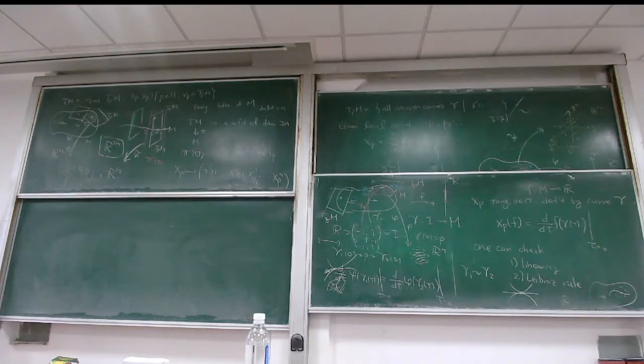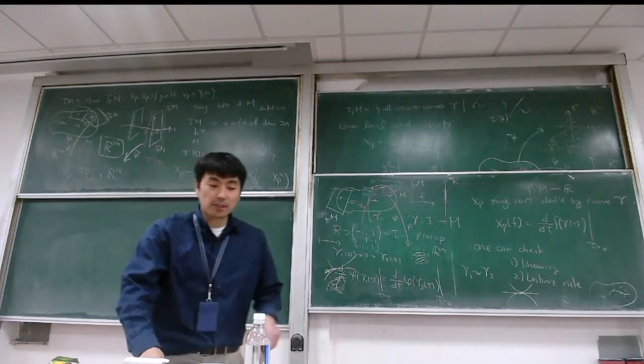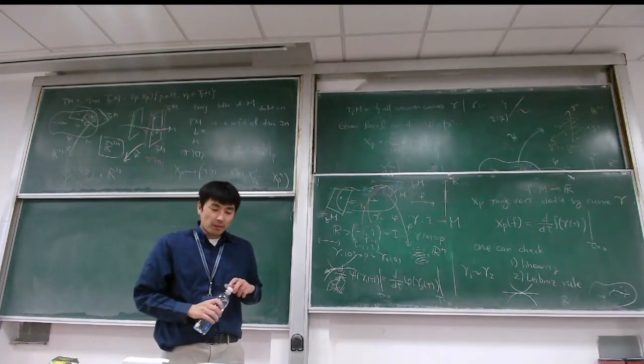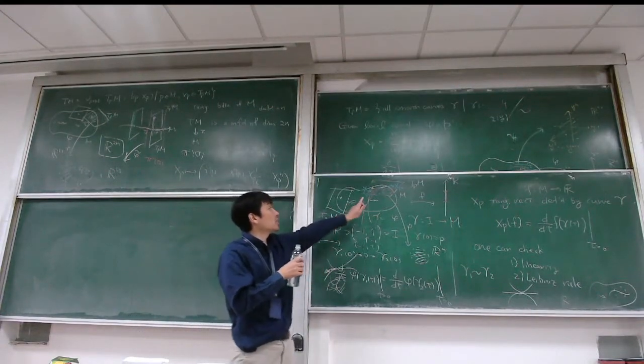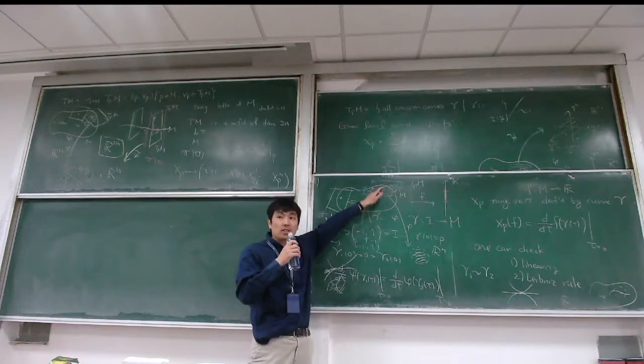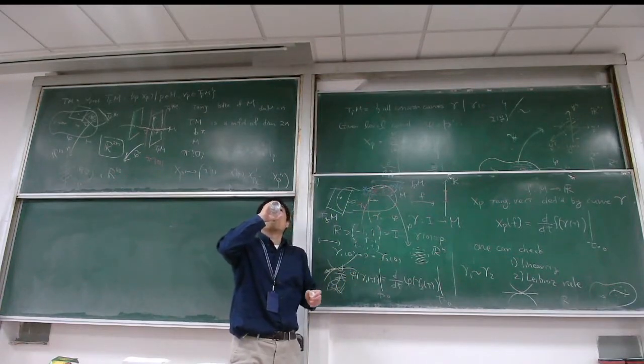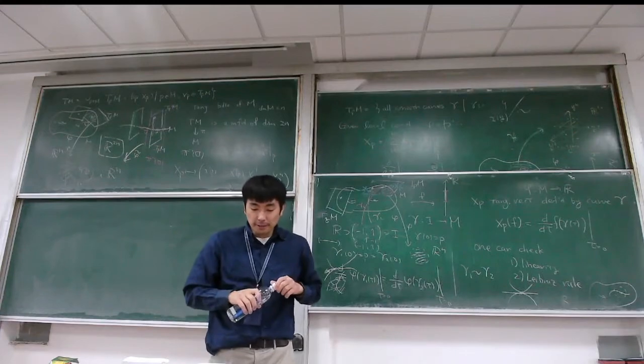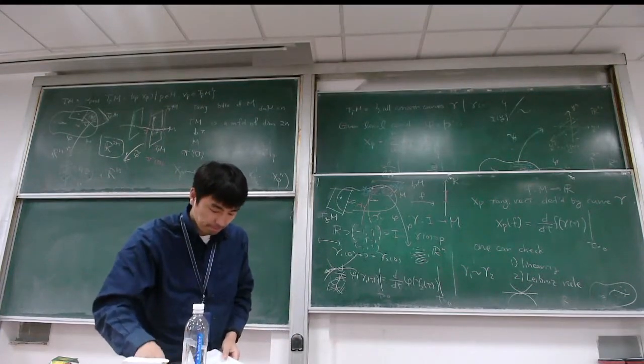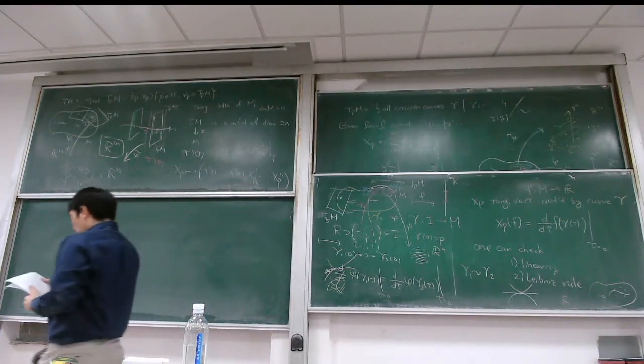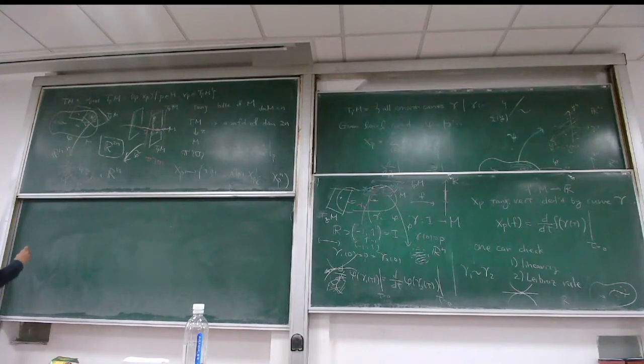we can define a vector field. I briefly explained the vector field in the first lecture. The vector field can be understood as a smooth collection of tangent vectors. Given the manifold, at each point there is a tangent vector, xp.